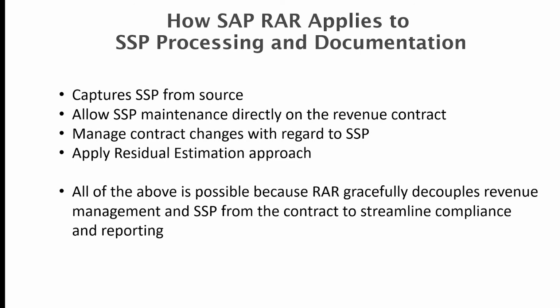So in all of this, the separation of upstream systems and upstream transactional data from the revenue contract and performance obligations allows you that flexibility and allows you application of the various methods of SSP calculation as we discussed before. And Jim, back to you.